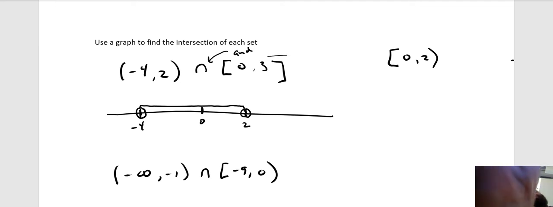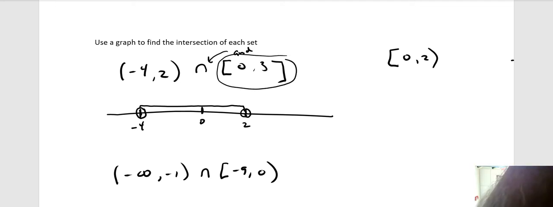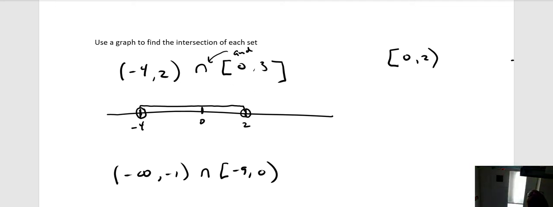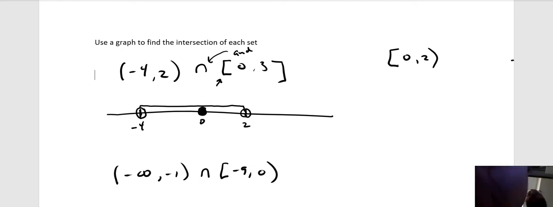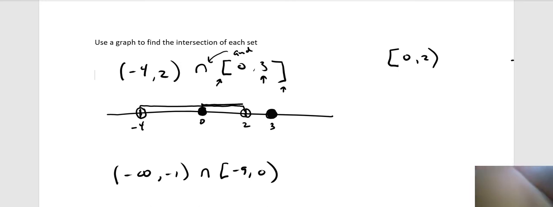Now we're going to take a look at this one, 0 to 3. This set starts at 0, so I'm going to put a circle here at 0, but it includes 0 because of the hard brackets, so I'm going to fill that in. And this set ends at 3, which is over here. I'm going to put a circle at 3, and again, because it's a hard bracket, this is going to get shaded. Then I'm just going to connect the dots.